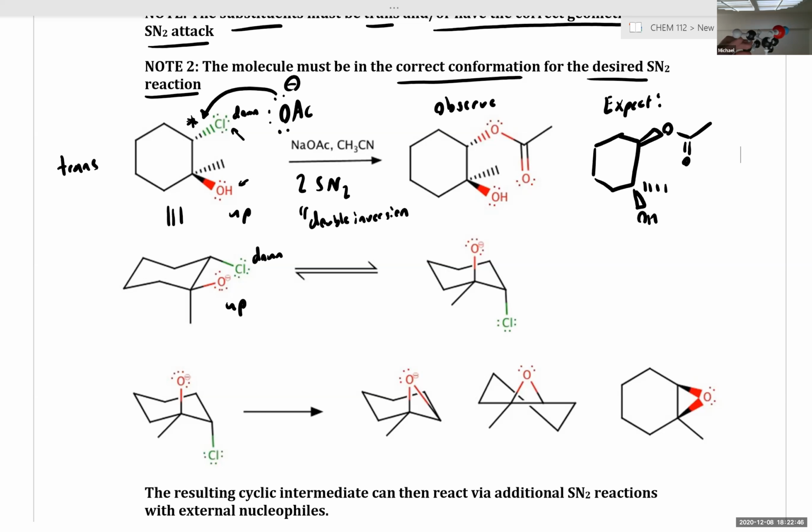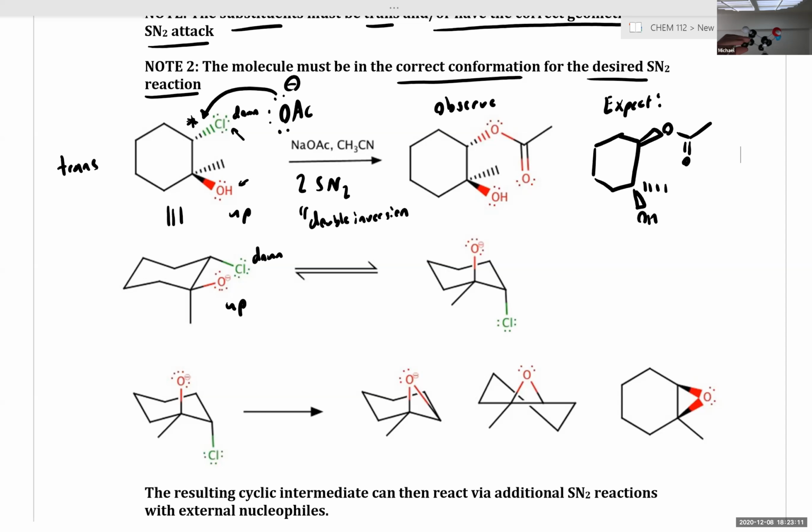Now, are we set up for an intramolecular reaction? Is our nucleophile set up to attack the back of our electrophilic carbon? Is this geometrically set up and ready to go? Do we have the right geometry?